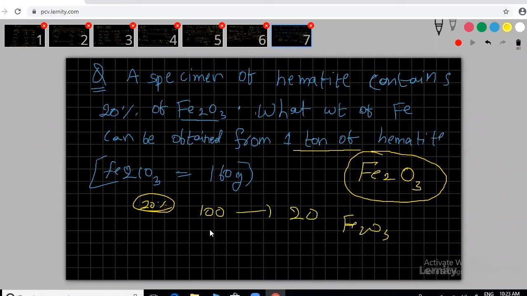If I am taking 1 ton, how much will I get? 0.2 ton of Fe2O3. 20% means out of 100, only 20 is Fe2O3. The remaining is impurities. If I am taking 1 ton, 20% means how much? 20 by 100, 0.2 ton.